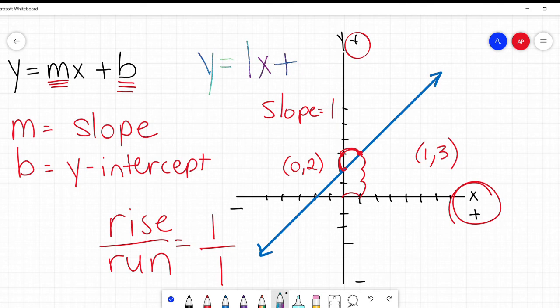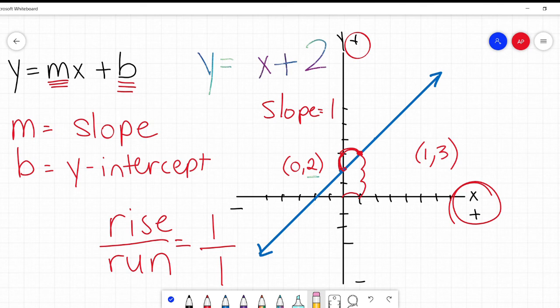What number's changing? It's my y value. My y is changing. So I want to write that. 2. Y equals 1x plus 2. And when there's 1, since multiplying by 1 doesn't change anything, I don't have to write it. Y equals x plus 2. And that's this line.